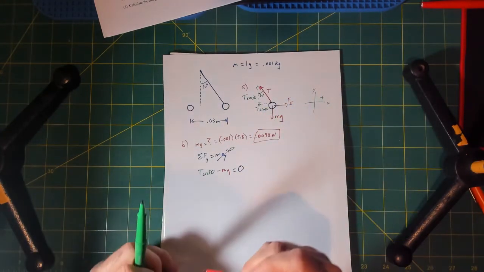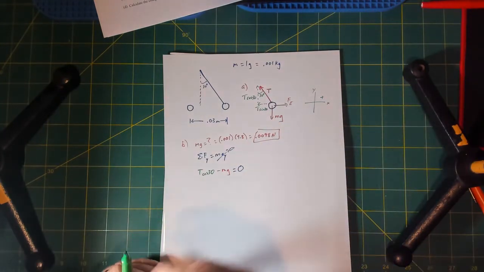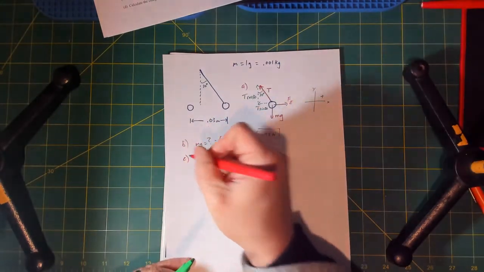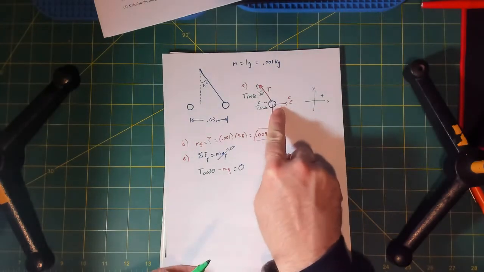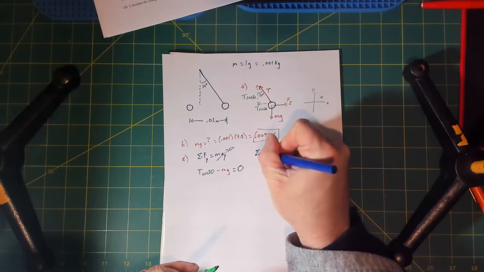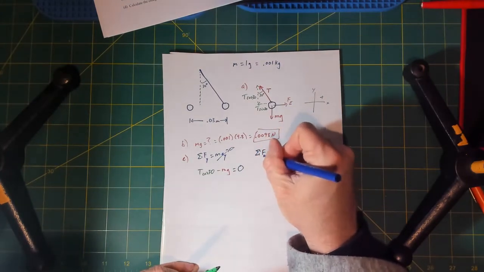Then they want us to find the electrical force acting. Okay, this is where we're going to need this information. So this is part of our solution for part C now. See how that snuck right in there. We want to find the electrical force. That's a force in the x-axis. Let's do the sum of the forces in the x-axis. Applying Newton's second law, sigma F is ma, this time to the horizontal axis.